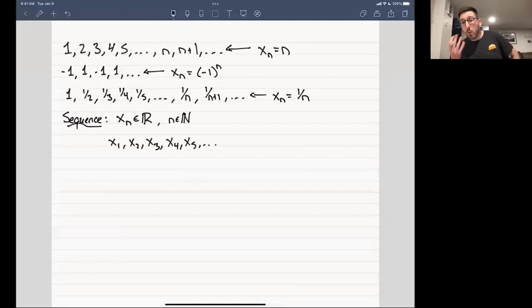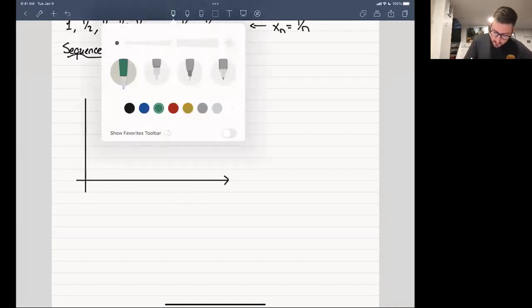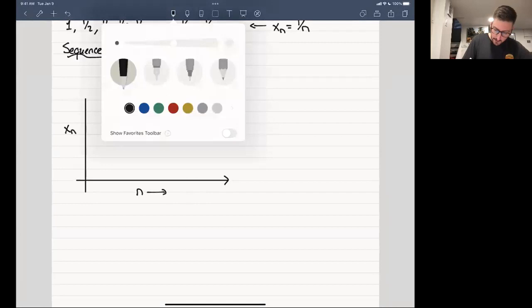That means that one way you can always think of a sequence is as a function, right? This is something that we learned probably in a calculus class. You can always think of this as a function with a discrete domain. So maybe we sketch these things the way we do with regular functions, except along the horizontal axis is n, and along the vertical axis is x sub n.